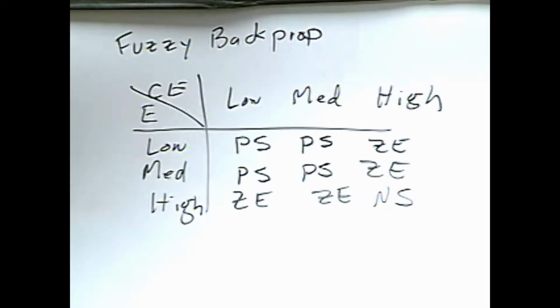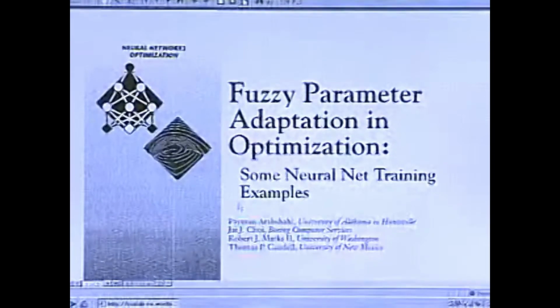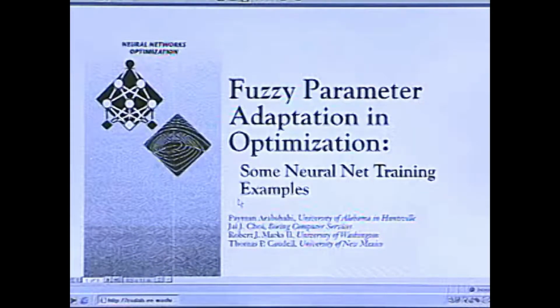The third paper, now I don't want you to look at, well, I'm not going to hold you responsible for the entire paper. I'll never tell you not to look at anything. But this is fuzzy parameter adaptation and optimization. It turns out that all optimization algorithms, except maybe quick prop, have parameters which you adjust. Okay? And these are the tweaking sort of things that one does.